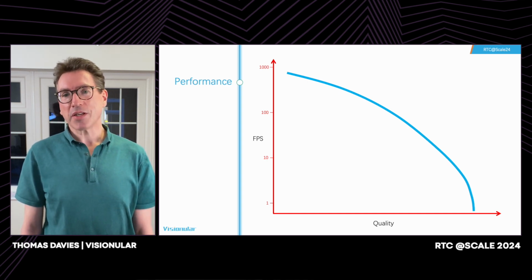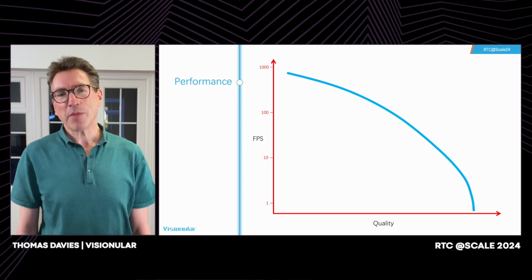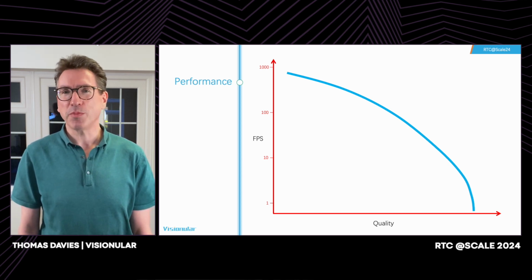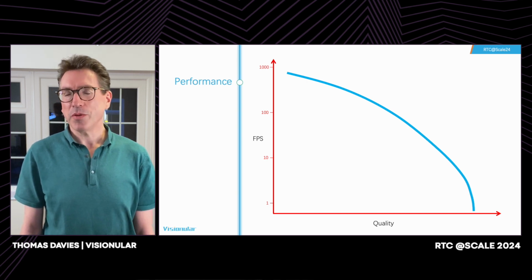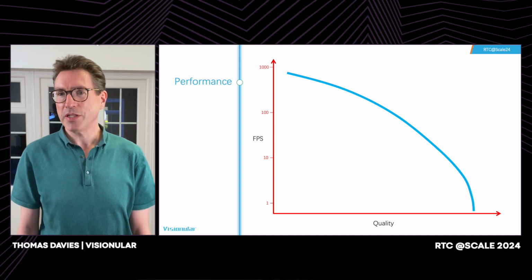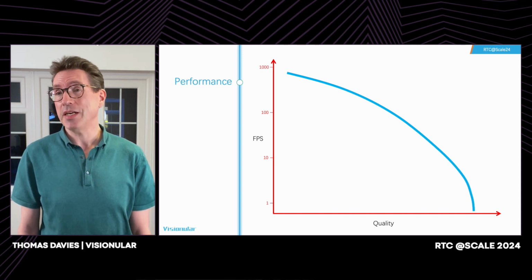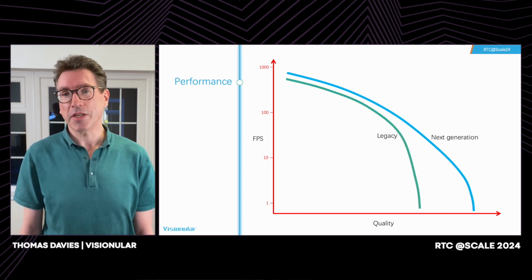So you get this kind of curve, in the abstract for any codec standard, but also specifically for every codec implementation. But it's also worth bearing in mind that a particular codec solution will have a sweet spot and will not necessarily cover the full range of this curve. And I think that's particularly the case for RTC.